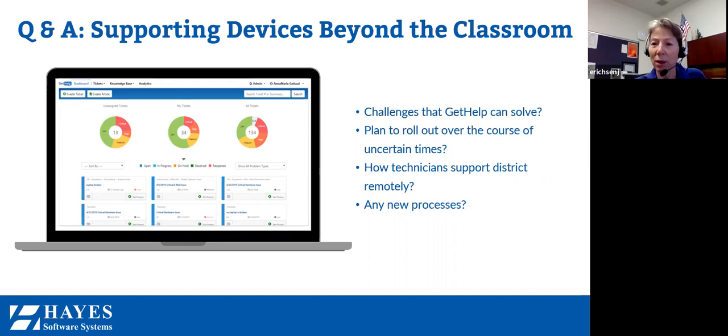We're still at the preliminary stages, but I'm using it that way also. It's great too because we have the SIS integration, so all the teachers and students can hop on and it knows who they are to put their tickets in. The devices already assigned to them are in theory showing up with the ticket. We haven't worked with that too much, but the tickets coming in from outside, from the parents, we can look at and figure out.